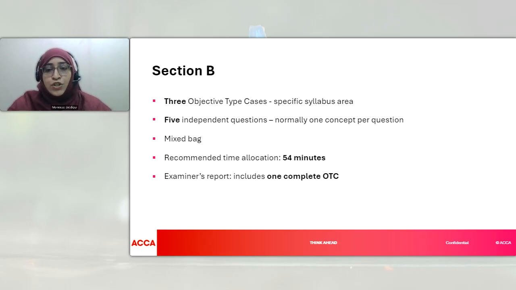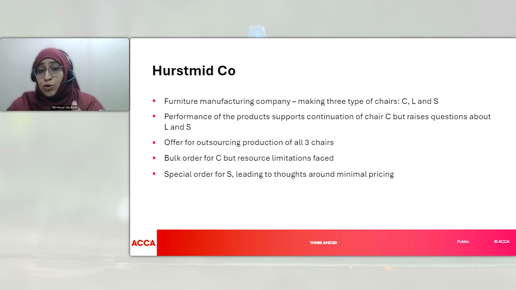Okay, so looking at the question that we had in this particular examiner's report, we've got a company making 3 different types of chairs. So for ease of reference, I'm calling them C, L, and S. Chair C is performing really well. There are questions about continuing the production of chairs L and S. Further information in the case outlines that there's an offer for outsourcing the production of all 3 chairs possibly.